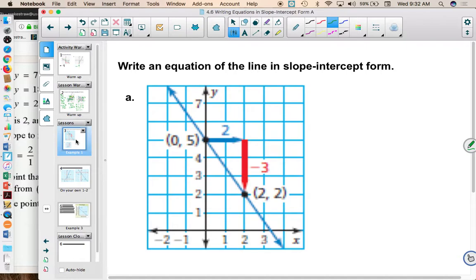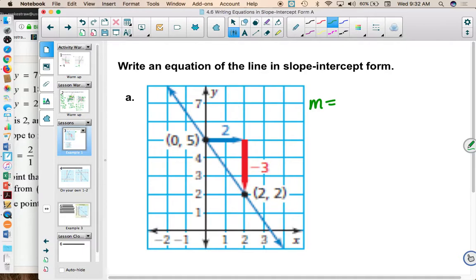What is the slope on this one, Marissa? It gives it to us. What is the slope? How much does it change on the y? It's got the number there even. 3.